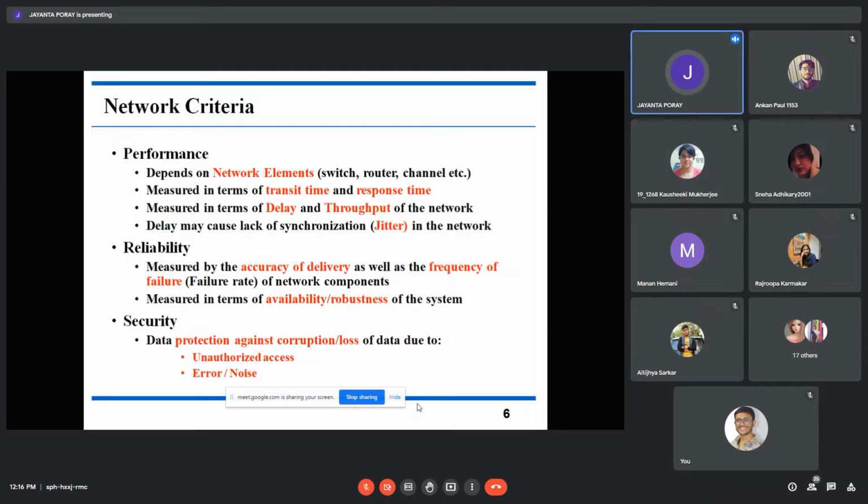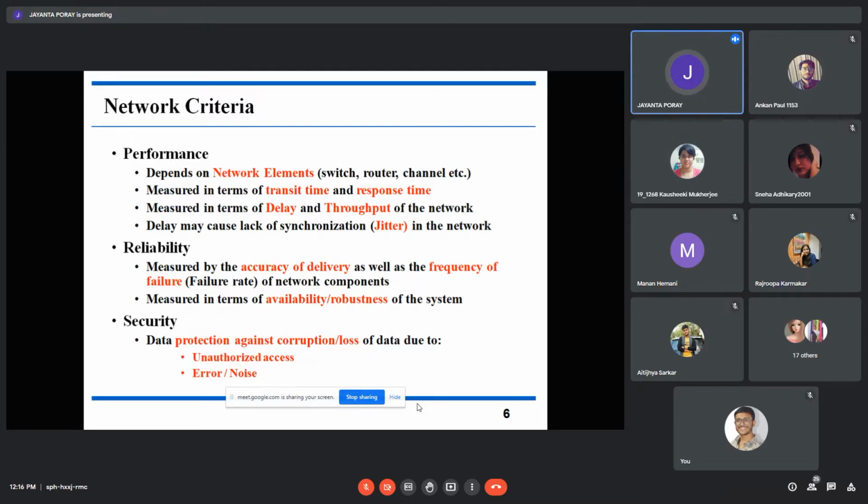Piggybacking is the way when I am appending the acknowledgement frame with the original frame that is sent to the sender. That is piggybacking. Okay, so after getting the acknowledgement, the sender gets that information, or it makes sure that the original frame is transmitted to the receiver.